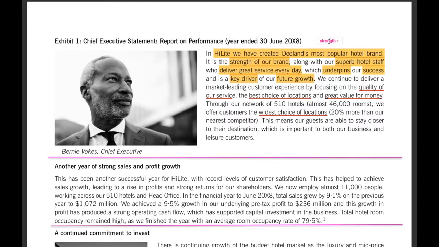So if it's on the national competitive advantage, basically, is the firm. Okay, basically this is a firm strategy.